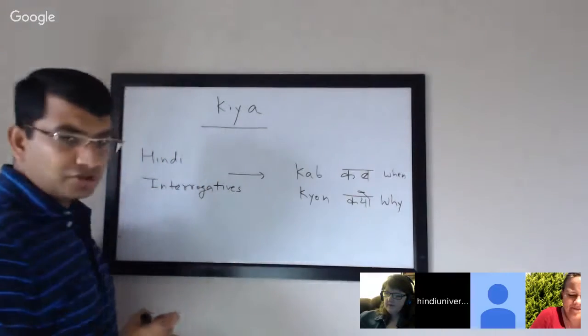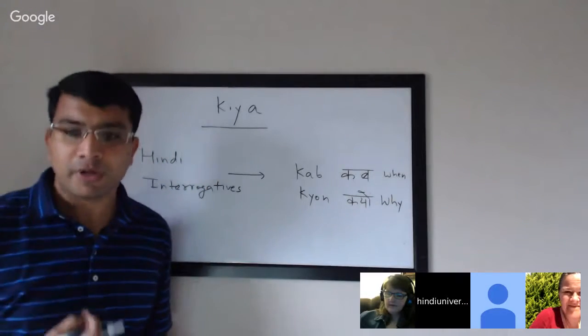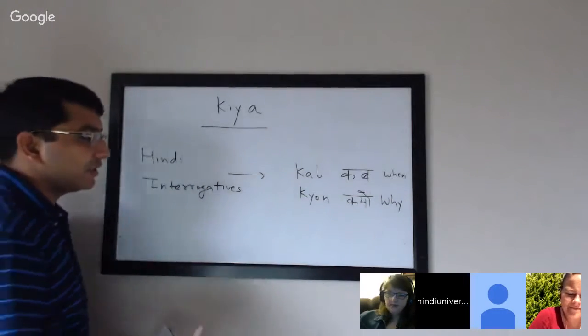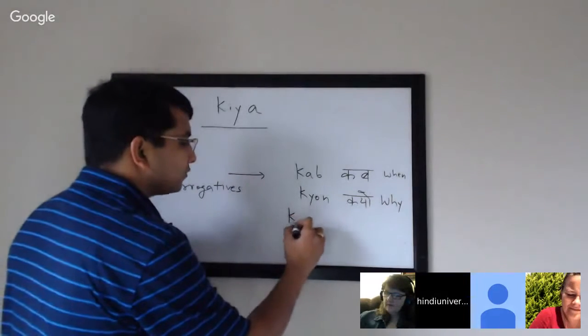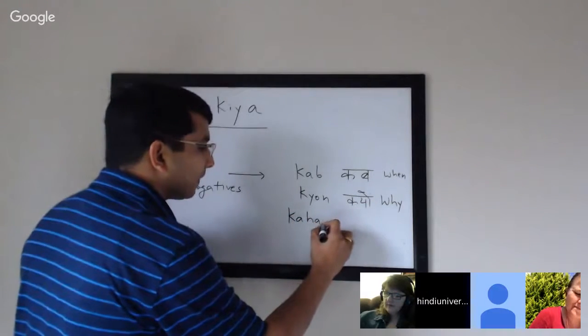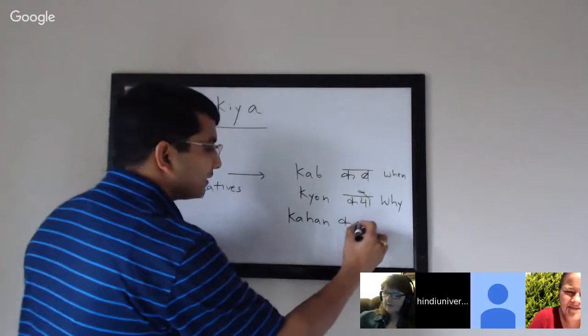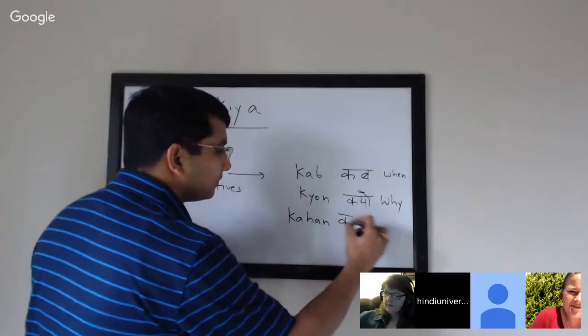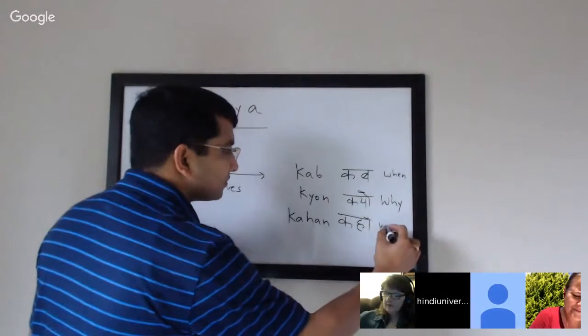Okay, so I'm going to just cover some of them in this class to give you an idea about how to use these interrogatives. Okay, next one is Kahan, and you will write it as Ka with Ha, which is where.